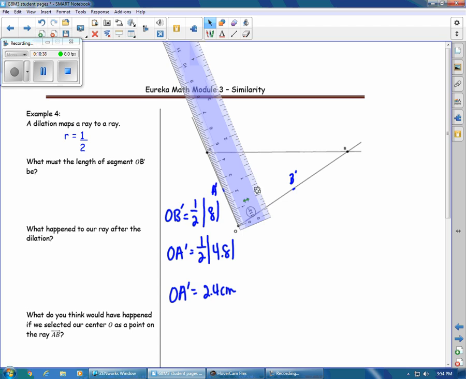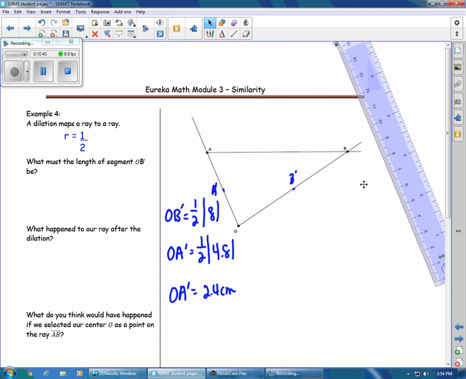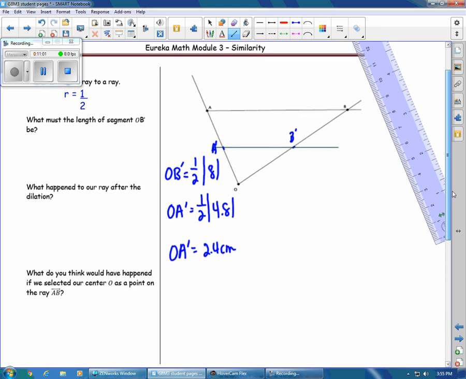I'm going to move my ruler, draw a line through A prime B prime. And again, you'll see I've got similar triangles, parallel lines cut by my transversals, so I know my angle measurements are going to be congruent, and I've got similar triangles when I've just dilated those points.